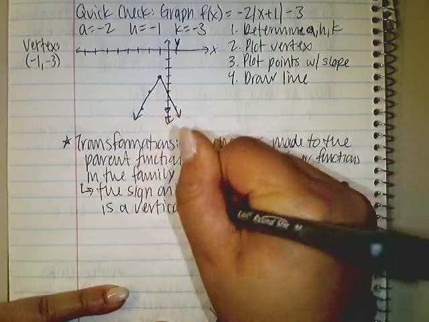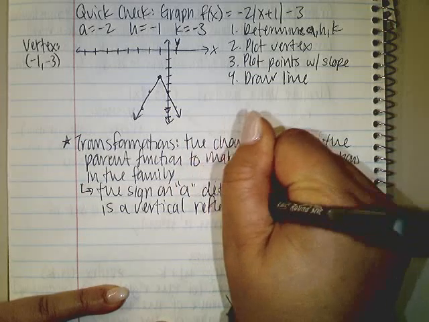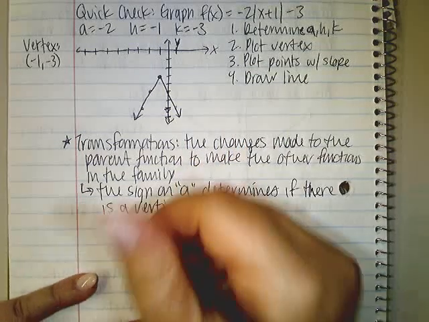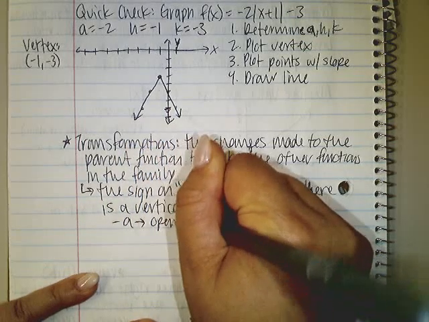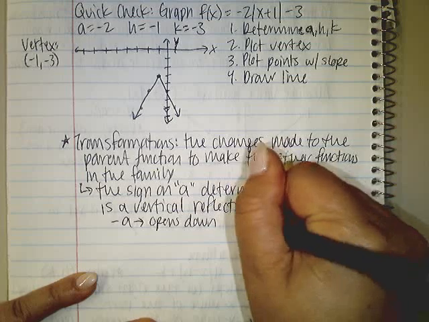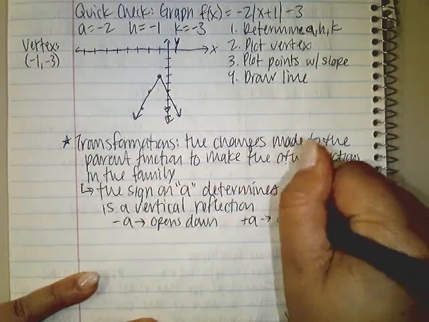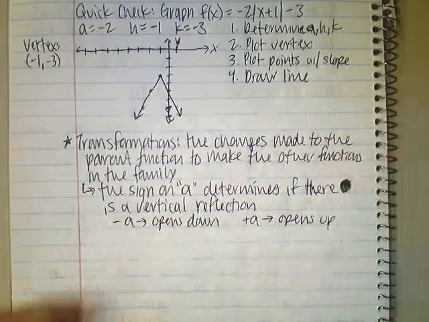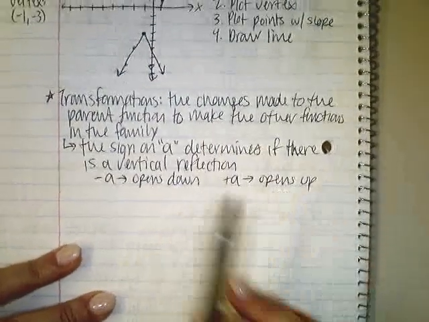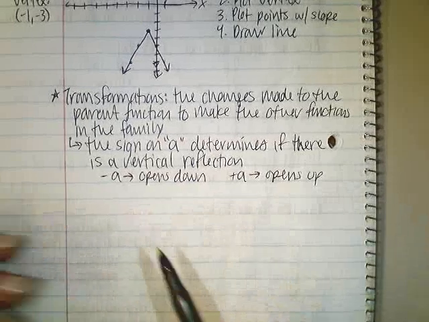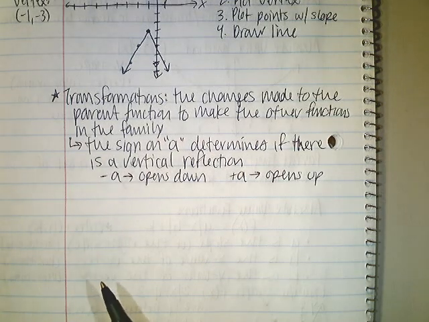So what this means, if A is negative, it opens down. If A is positive, it opens up. So we're going to see this applies to all functions. So if you're multiplying by a negative number in front, then it's going to open down. If you're multiplying by a positive number in front, it's going to open up.